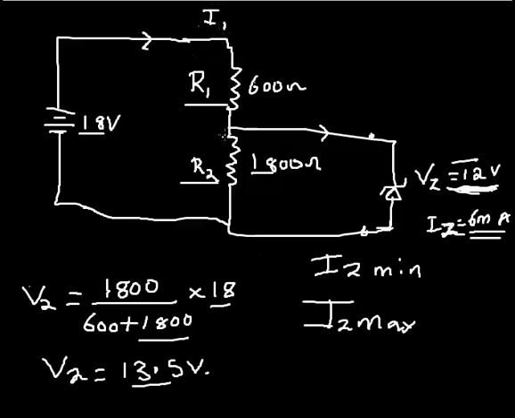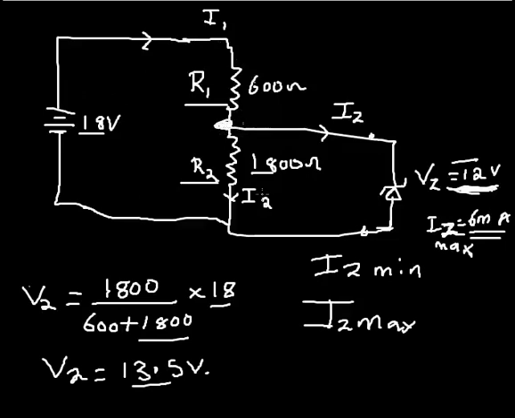Let's look at the current. When this I1 reaches this point, it branches. So let's look at the current going through the Zener diode. Let me call it IZ, the rating IZ maximum. Let the current entering R2 be I2. According to Kirchhoff's law, the current entering a node is equal to the current leaving the node.